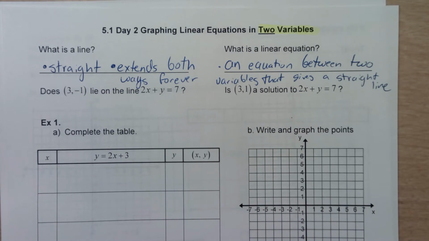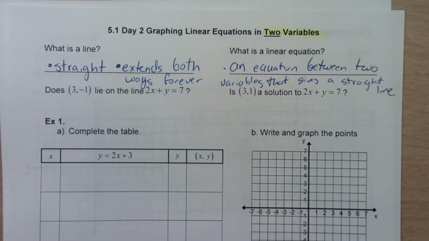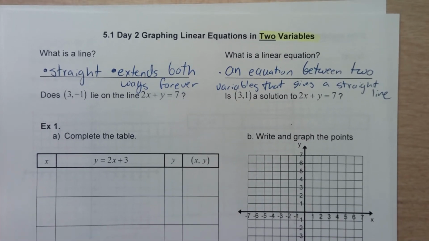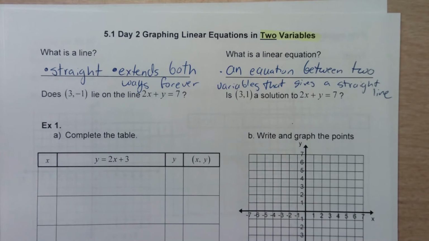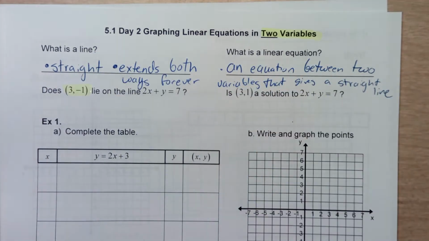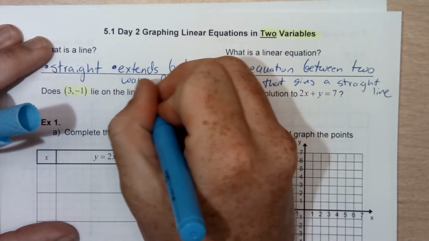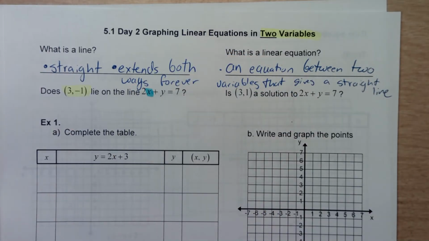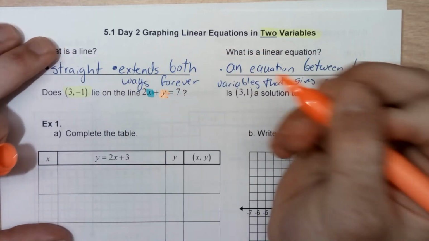All right, it's asking us a question right here at the top. It says, does (3, -1) lie on the line 2x plus y equals 7? We have 2x plus y equals 7. If you can see, we have an x and we have a y, so I'm going to highlight my x and my y.